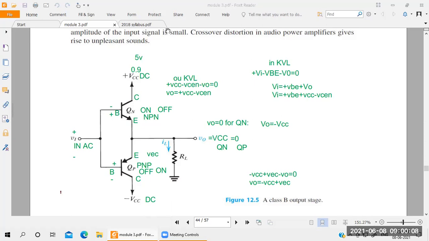Sahana GB, are you present in the class? No. Sahana H. Yes, sir. Suppose I apply positive for the Q1 transistor, the NPN transistor here, is it on or off?